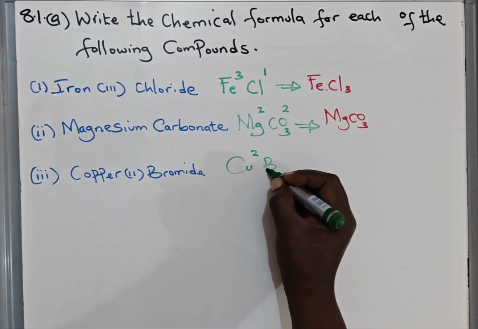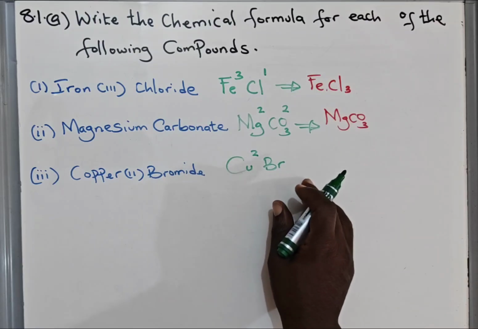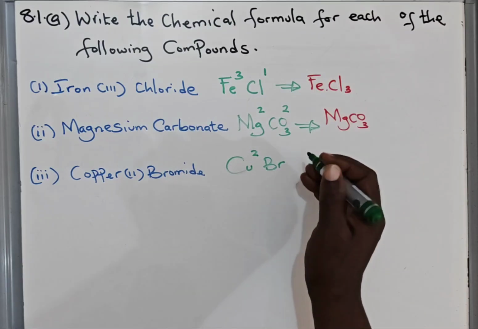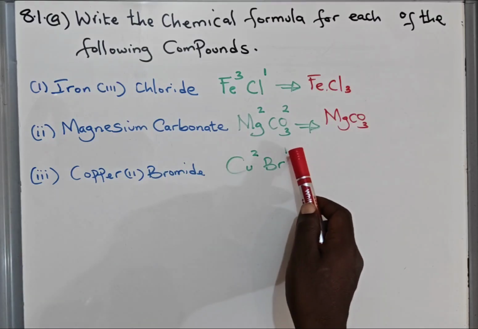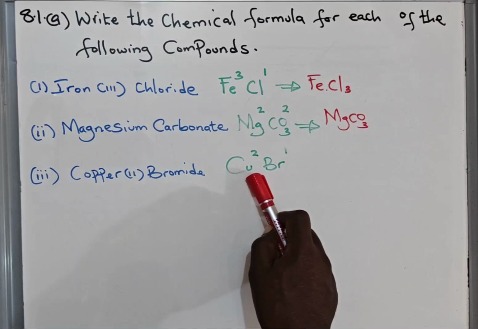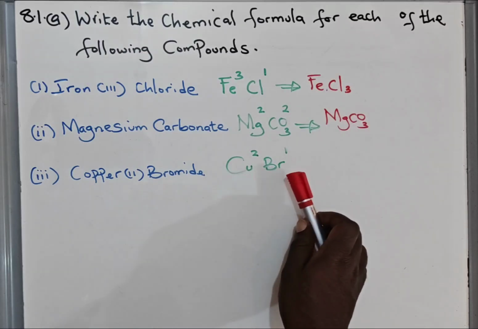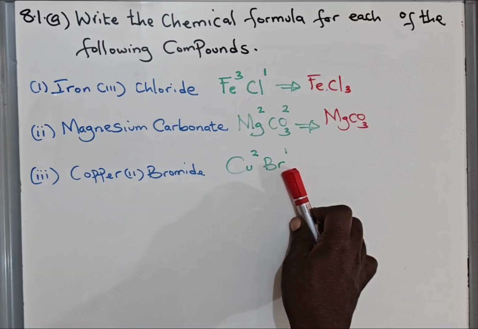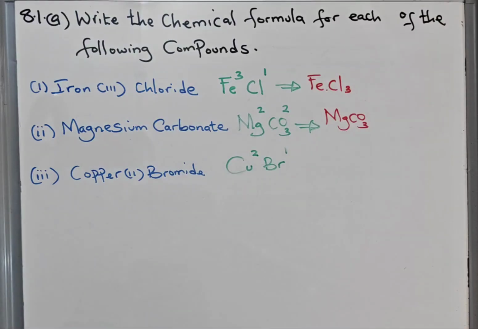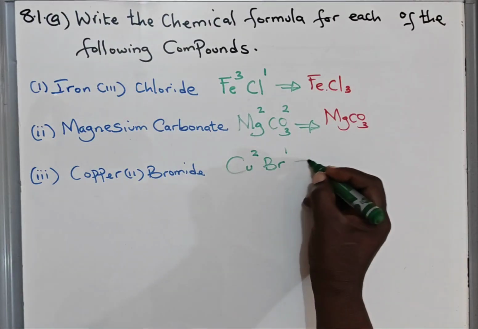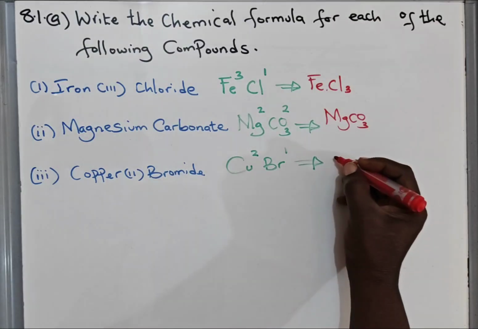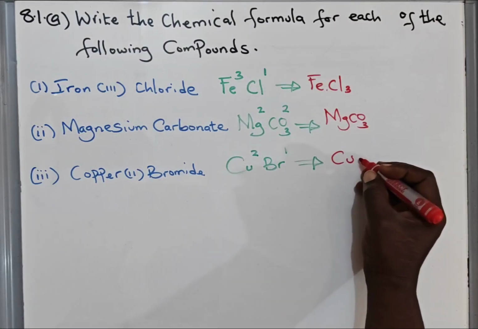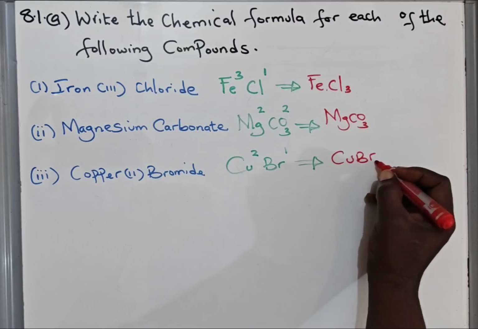Bromine, being group 17, has valence -1. So they exchange: the 1 becomes the subscript of copper, and the 2 becomes the subscript of bromide. This gives us the formula CuBr2.